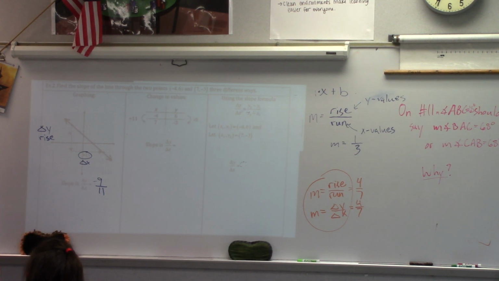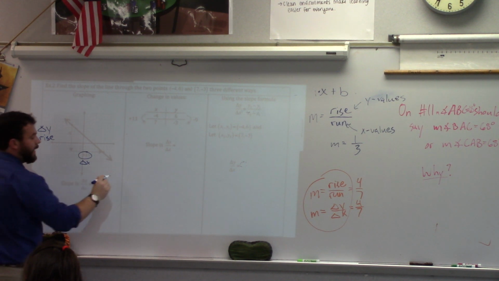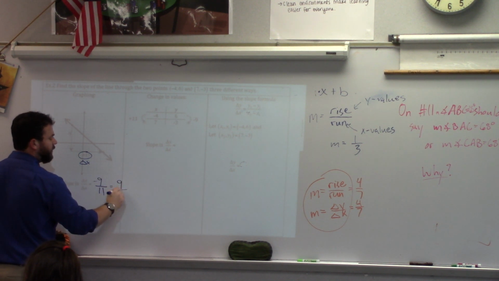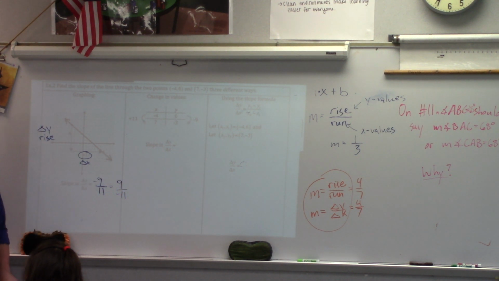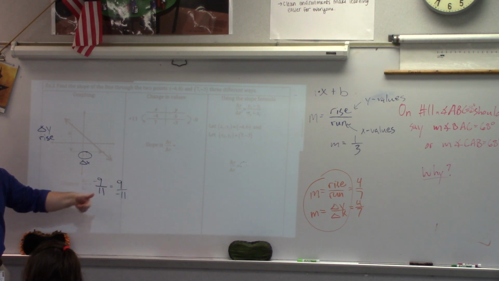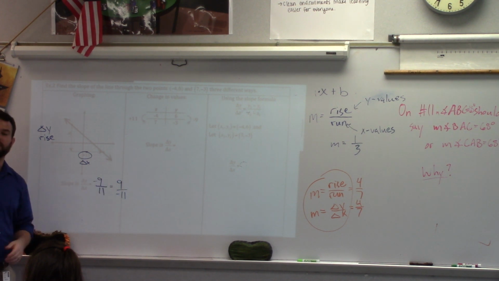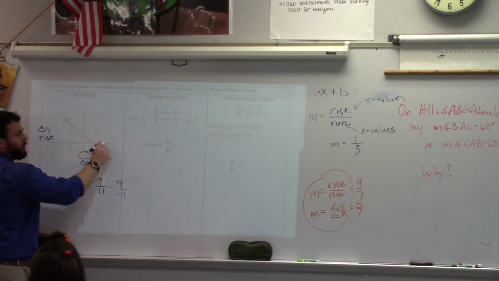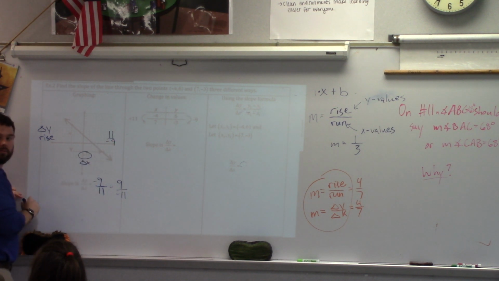Can it also be 11 divided by negative 9? No. It could be a positive 9 divided by negative 11. But remember, what does the change in y have to be? The change in y has to be a 9. Either going up 9 or down 9. Well, Kelsey, look right here. So you said 11 divided by negative 9, right?